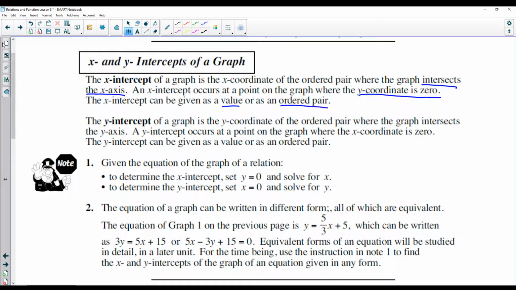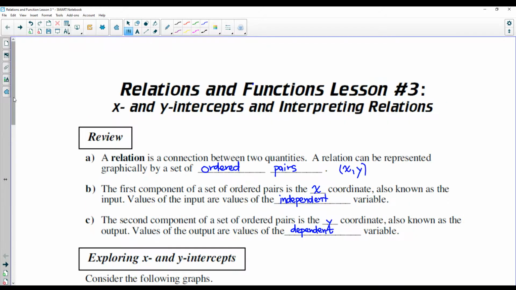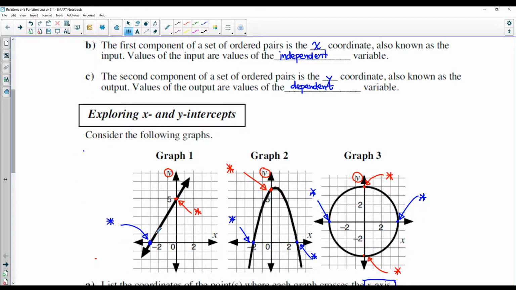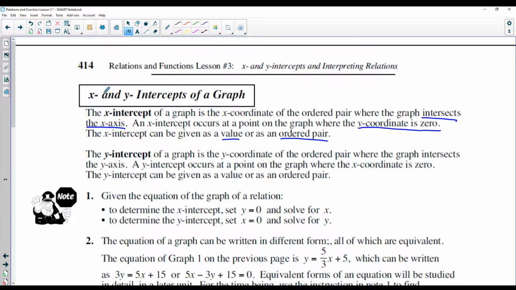So let me give you an example of this. If you go back up to our first graph, there's two ways we could write down the x-intercept. We could write down the x-intercept as just being x equals -3. Or you could write it down as an ordered pair.